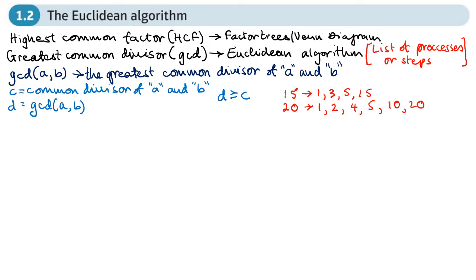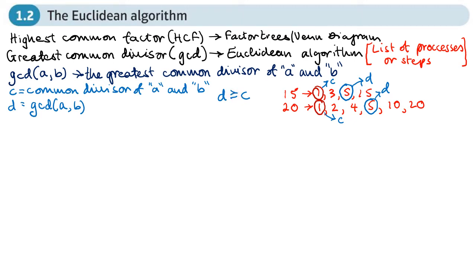Yes, they do have a common divisor, 1, but the highest common divisor, or the greatest common divisor, will be 5. So if we call this D, then it's greater than this common divisor here, C. In some cases, the greatest common divisor is equal to the common divisor, because there may only be one common divisor between two numbers.